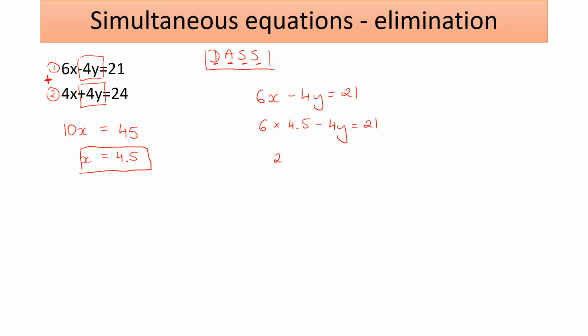Now 27 take away 4y equals 21. Now we take away 27 from both sides. Okay, so that's negative 4y equals negative 6. Now we divide both sides by negative 4 and y equals 1.5.